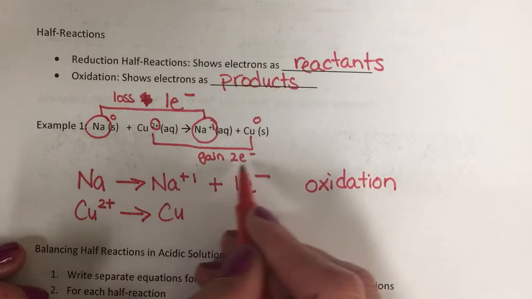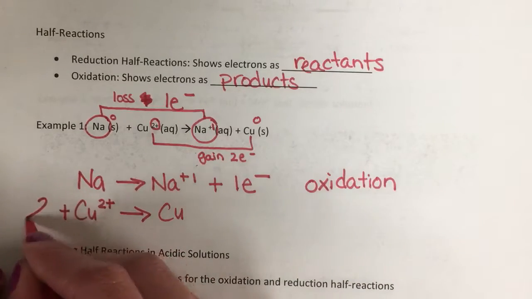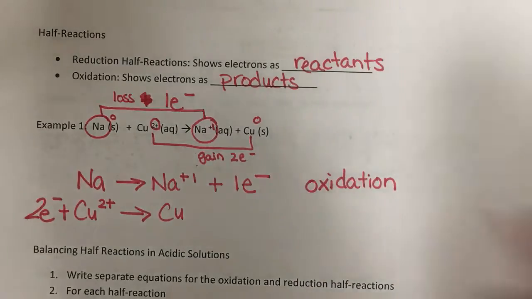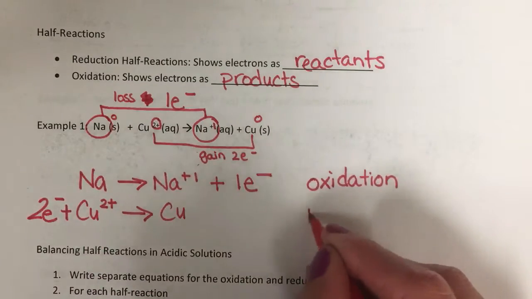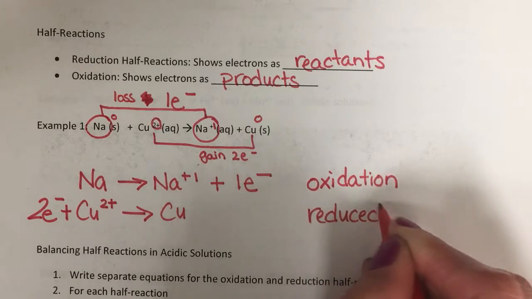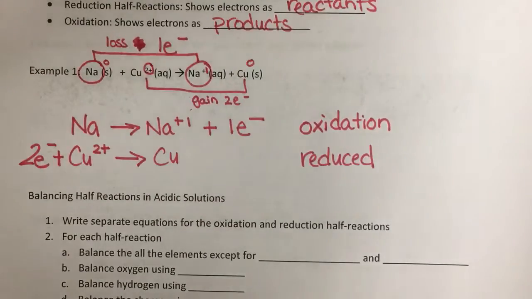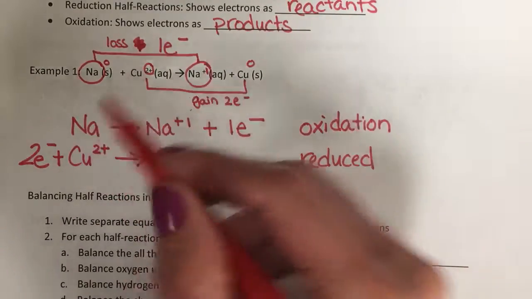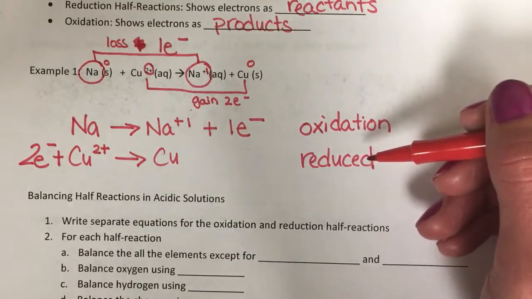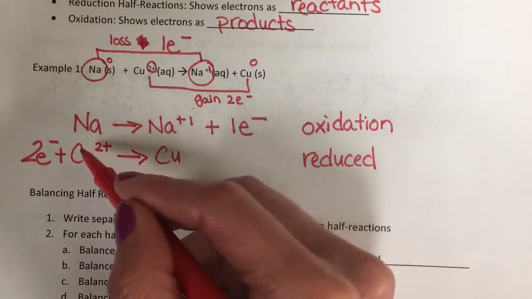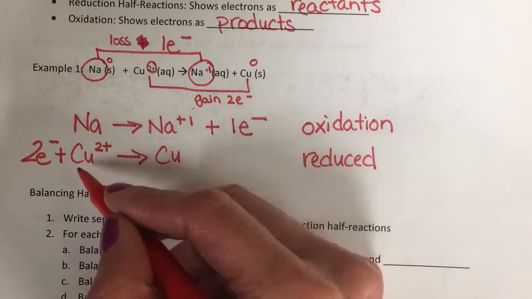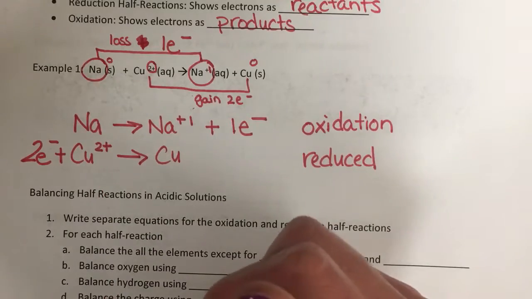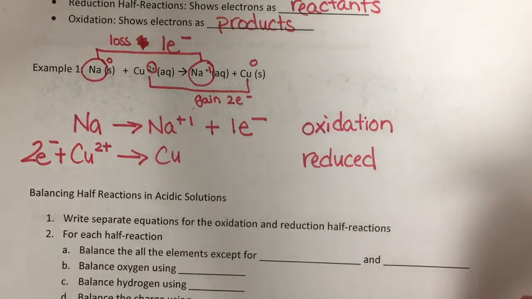We said in order to do that, it has to gain 2 electrons. So my electrons are reactants. Now, because it's gaining electrons, it's being reduced. The Na is being oxidized. The Na is the reducing agent because it causes copper 2 plus to be reduced. Copper 2 plus is reduced, so it is the oxidizing agent because it makes Na be oxidized.